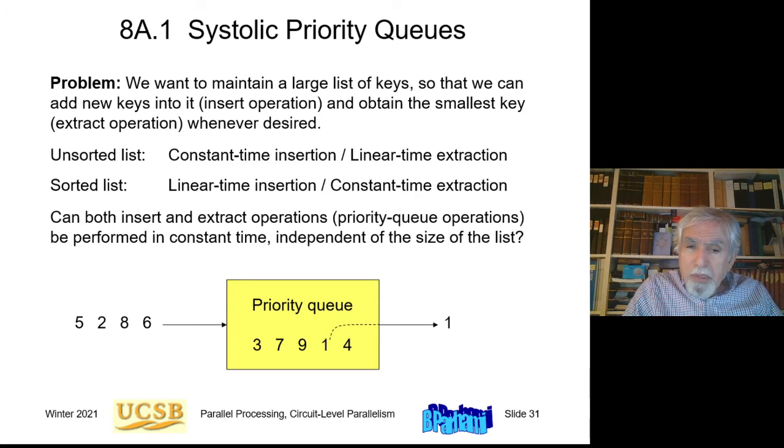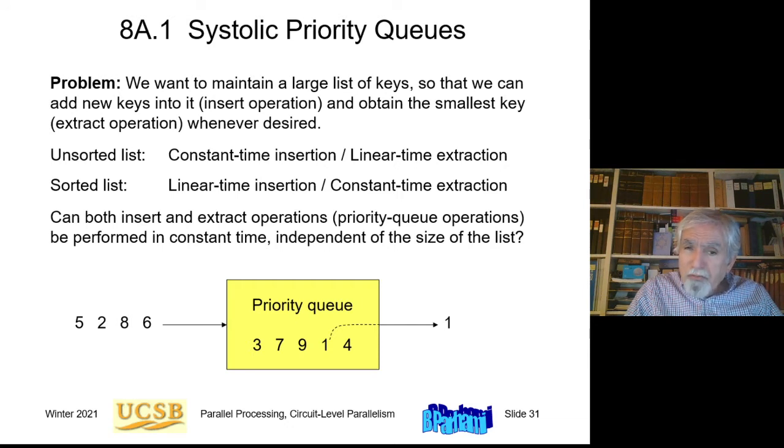So what is a priority queue? As you see in this image, in the lower part of the slide, a priority queue is basically a storage mechanism into which we store keys. You see that keys are coming in from the left. 6, 8, 2, 5 are keys that have not yet entered into the priority queue, and other keys have already entered: 4, 1, 9, 7, 3.